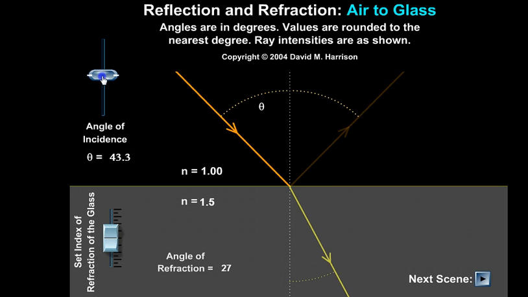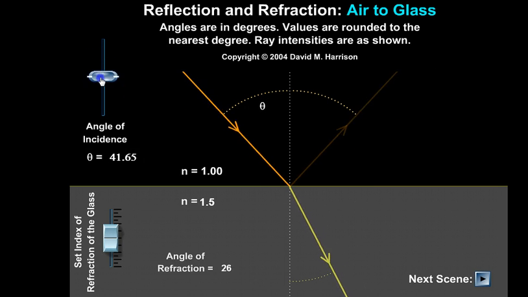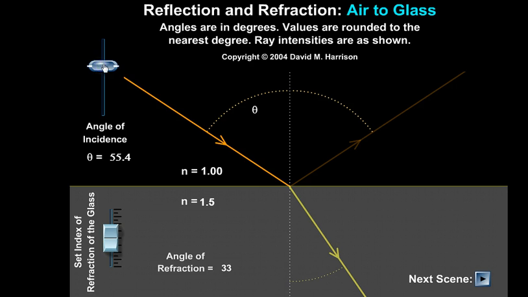Now, you can see, no matter what, as I change the angle of incidence, the angle of refraction will always deviate towards the normal. So it will bend towards the normal. It's a good rule of thumb, when you move from less optically dense to a more optically dense medium, the ray will deviate or bend towards this normal line.